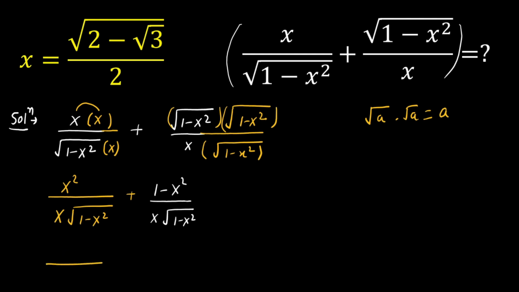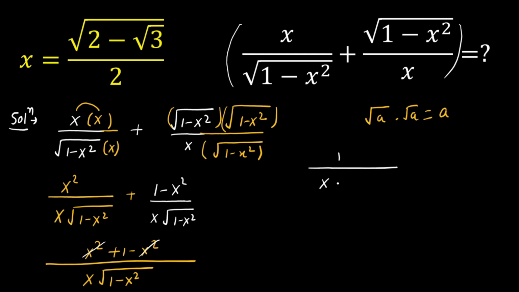In the denominator we have the common denominator, x times square root of 1 minus x square, and in the numerator the sum of numerators, that is x square plus 1 minus x square. Here this positive x square and this negative x square cancel out, then we get 1 over x times square root of 1 minus x square.